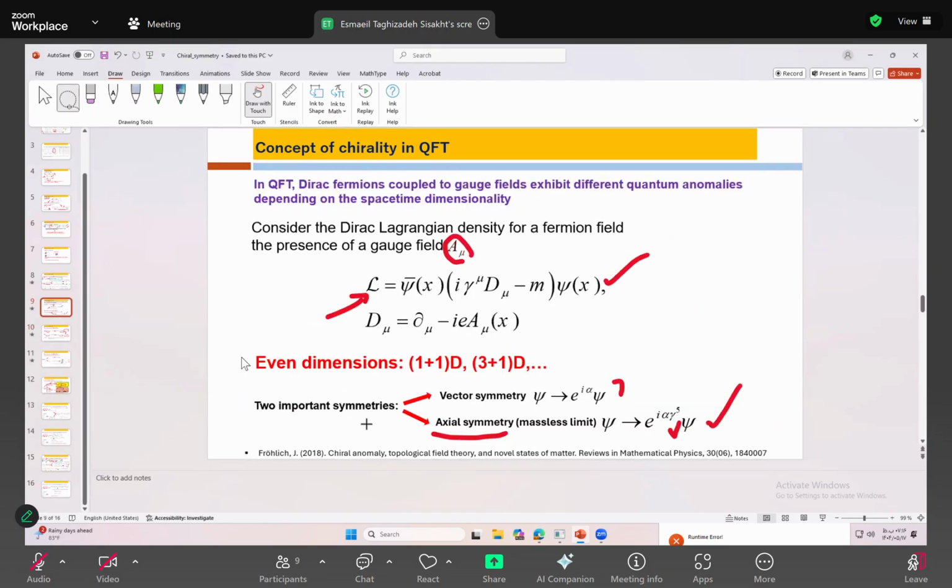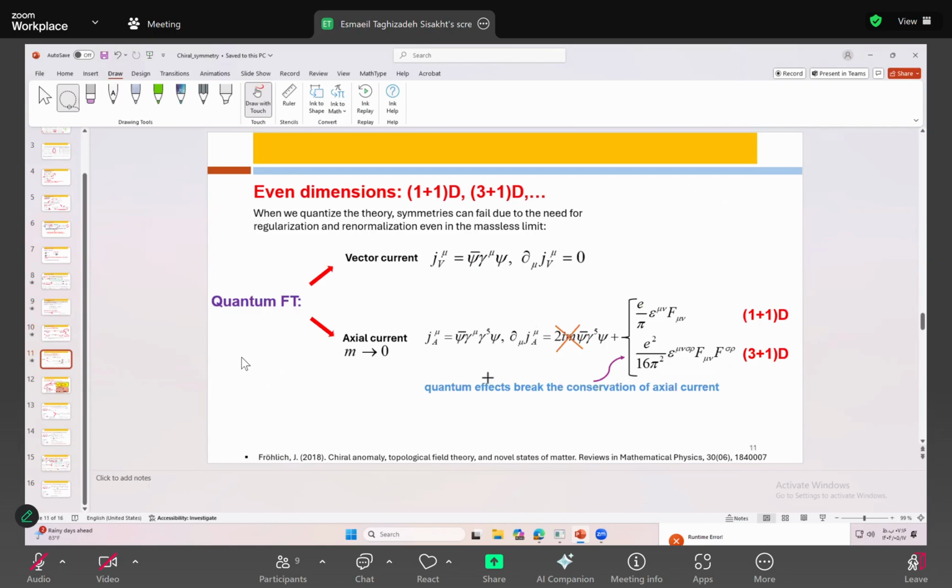Yeah, here. So the Lagrangian, or the action integral, is invariant under the global U1 symmetry, which you call the vector symmetry. Alpha must be constant. The global U1 symmetry or global axial symmetry, would you go back to page 11?